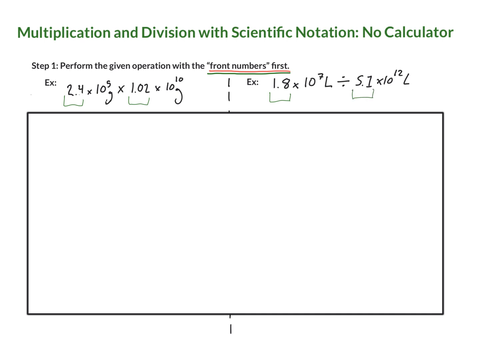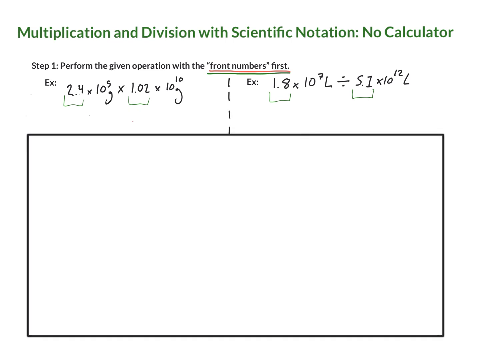So here, in the multiplication side, we're going to just straight up multiply 2.4 by 1.02. And we're going to get, I'm just going to round, 2.4. It's 2.448, but I'm just rounding.